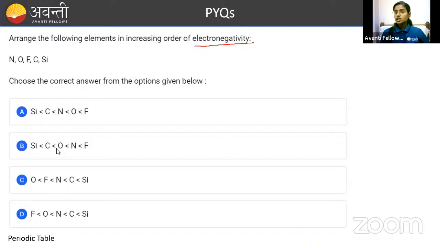Before moving on to the explanation for this question, I would like to ask you one question from this topic. Which is the most electronegative element in the periodic table?